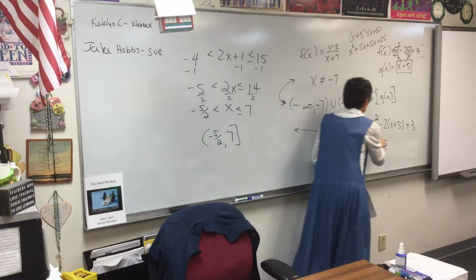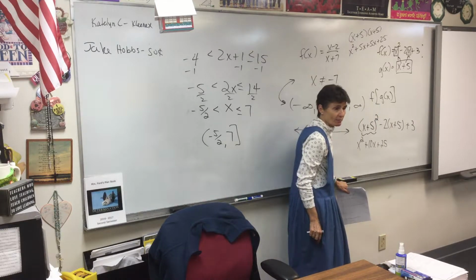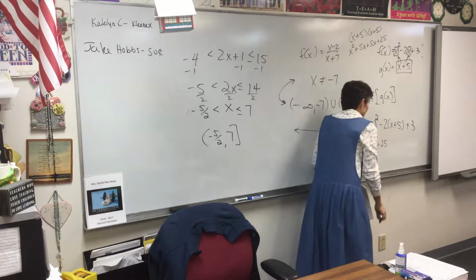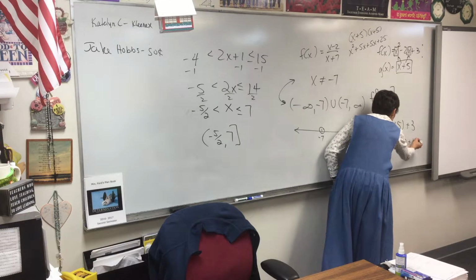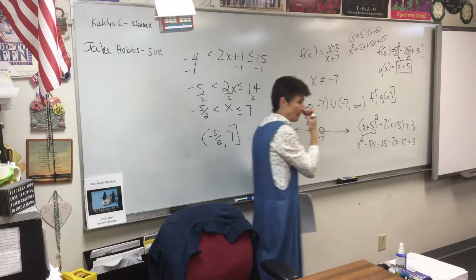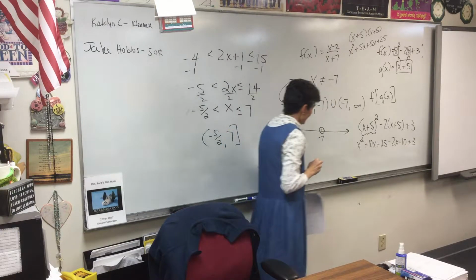Now we distribute. You know what's going to happen here. Somebody's going to mess that up, right? What are they going to forget about? The negative, right? So negative 2x minus 10. Plus 3. And then we add like terms.